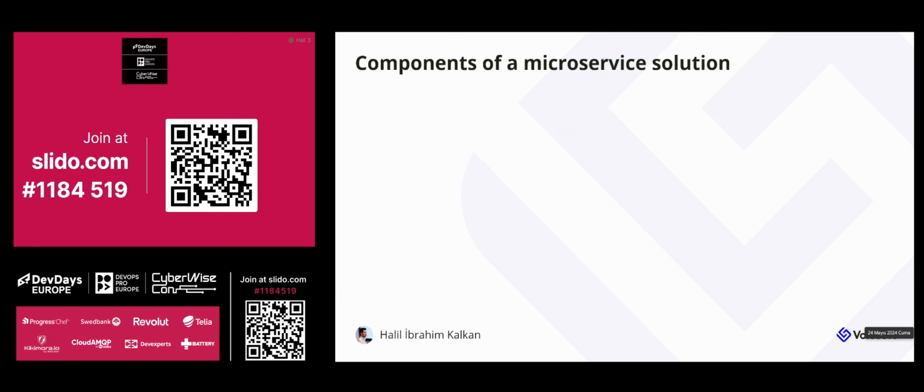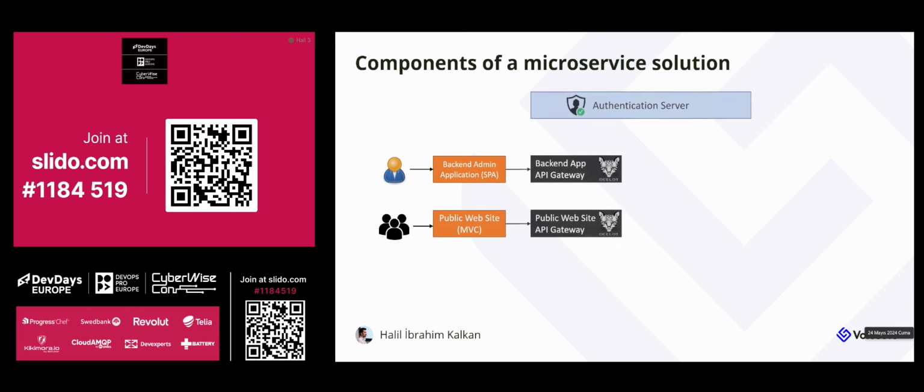Okay, let's start by looking at a simple microservice solution, so we can picture it in our minds. For a typical microservice solution, generally we have one or multiple applications. For this example, we have a backend application for back office users or your employees, and a public website, for example an e-commerce website, used by the end users.